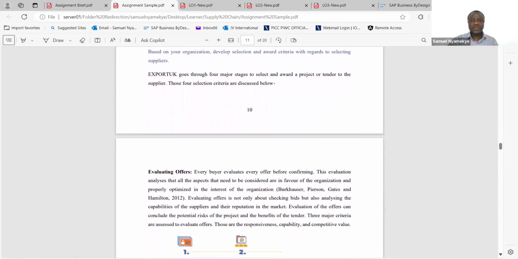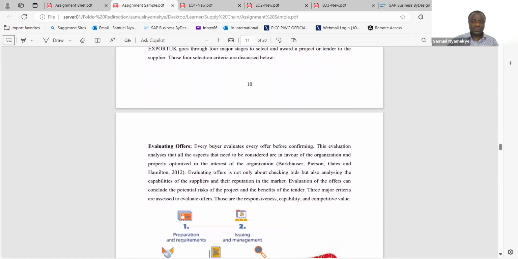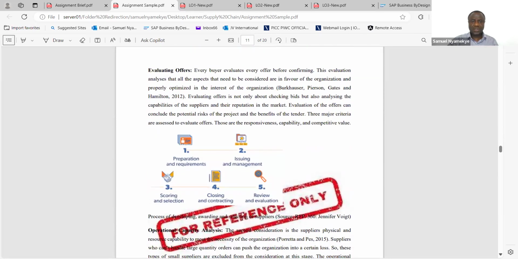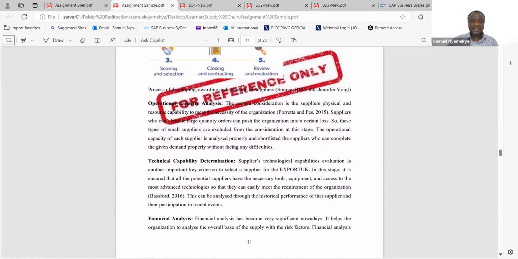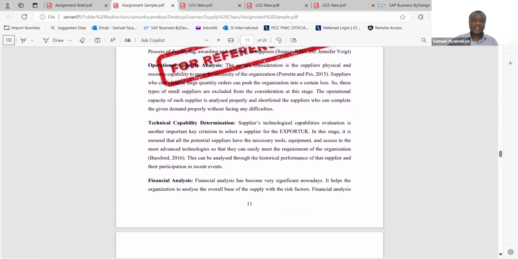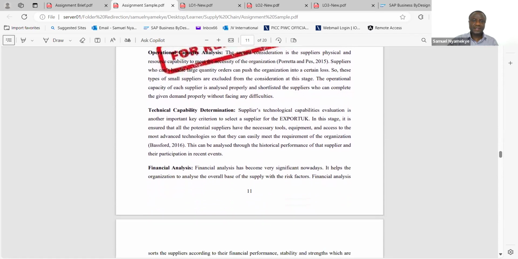And how do you eventually develop a selection criteria, and how do you select them? So you evaluate, like we've said. Now you look at certain things that would get the suppliers to stand out in terms of operational capacity, technical and financial capacity.